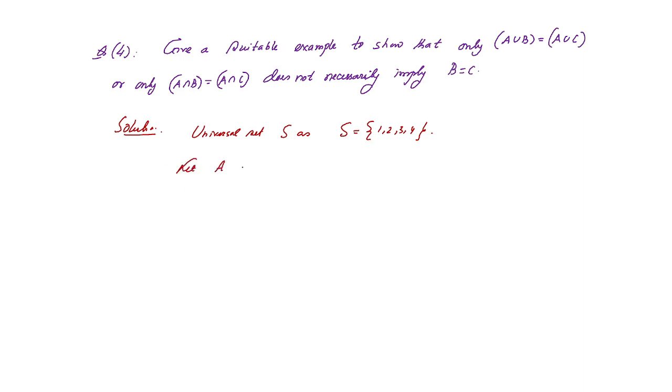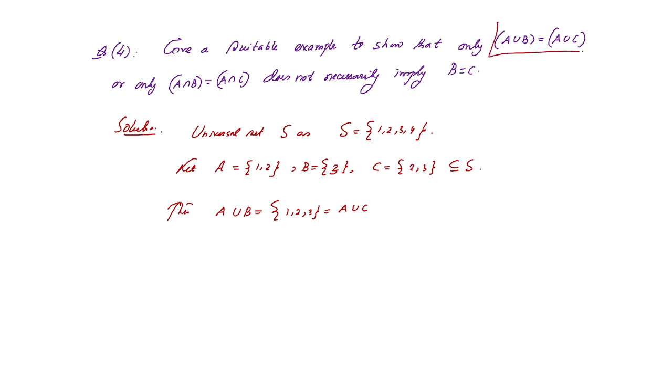In that case we have subsets A equals {1, 2}, B equals {3} only, and C equals {2, 3}, and all are subsets of the universal set. Then consider A union B. This will be {1, 2, 3}, and this equals A union C.